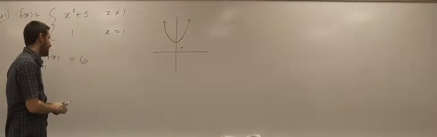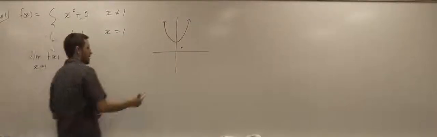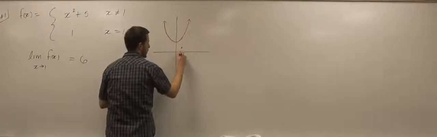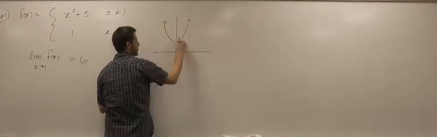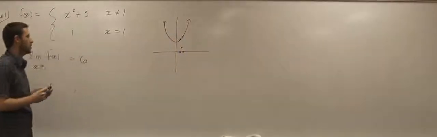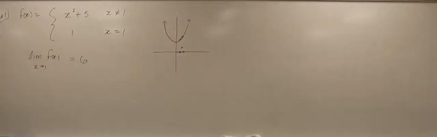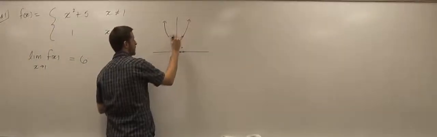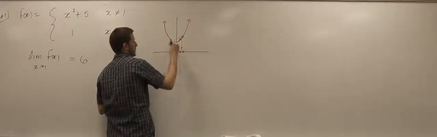So if we're talking about limits, the limit as x goes to 1 is going to be the trend. As x goes to 1 on the x-axis, you want to know what happens on the parabola. You don't care about that hole. So you plug 1 into the parabola, and you get 6. This value comes from plugging 1 into the parabola.